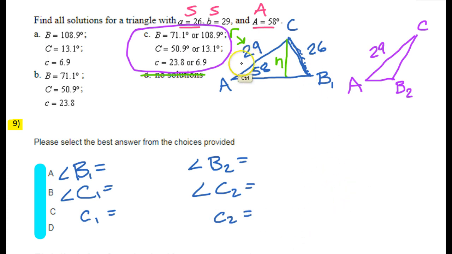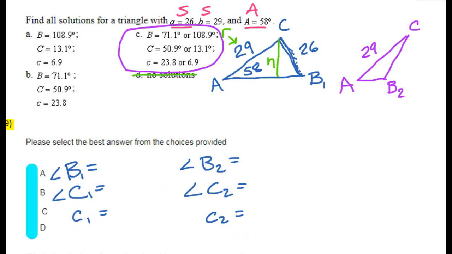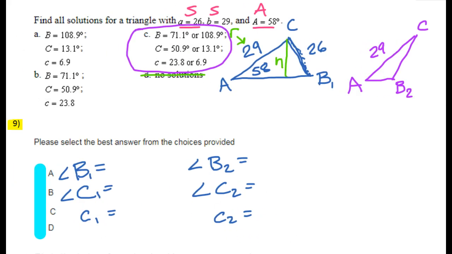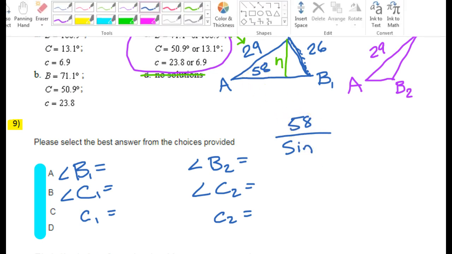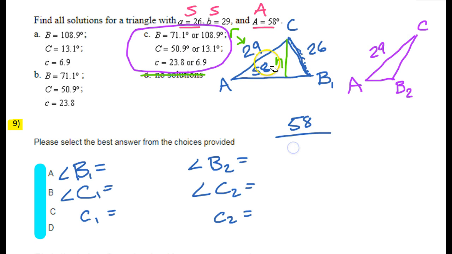Okay, so first let's solve the first triangle. We're going to use the law of sines. So let's find angle B1 first. If I want to find an angle, I'm going to put my angle in the top. So I'm supposed to say sine 58.